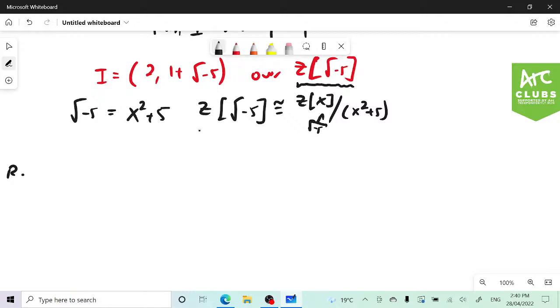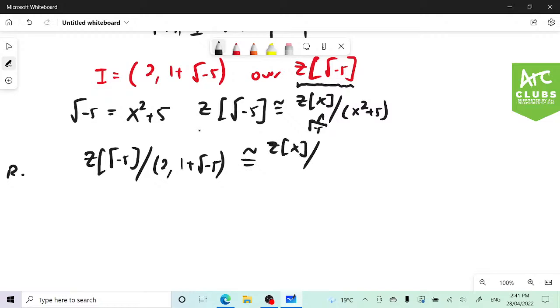And so we can look at the quotient. So when we consider the following quotient, this is actually isomorphic to the following.